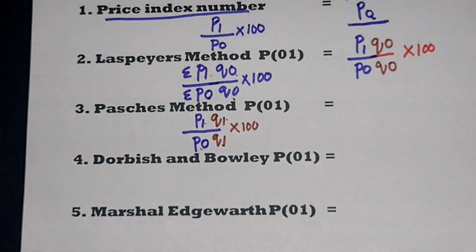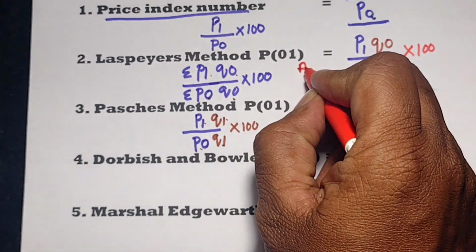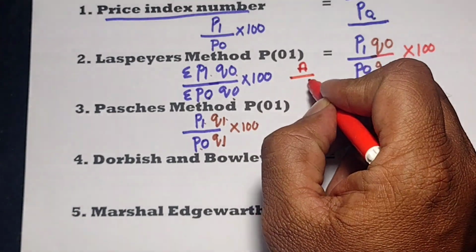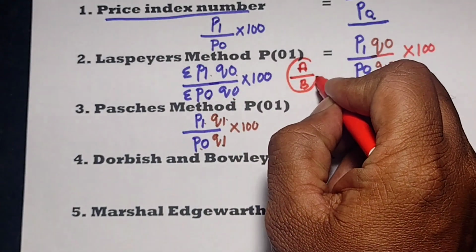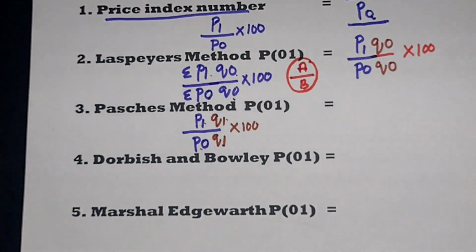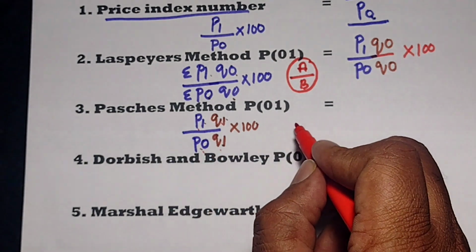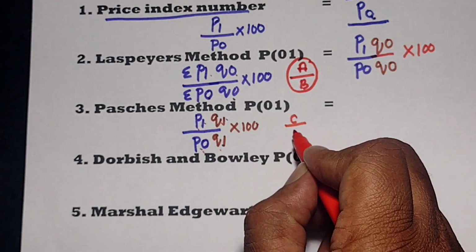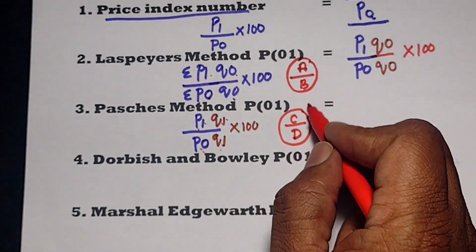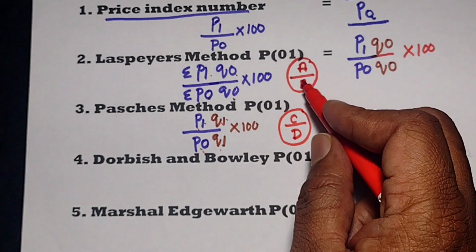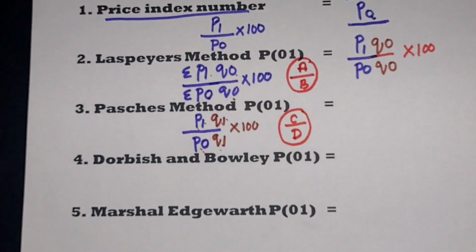As one trick of remembering this formula, I call P1 Q0 and P0 Q0 as A by B. And coming to the second person, P1 Q1 and P0 Q1 is called C by D. This is for our understanding purpose, which is not given in the formula. A by B and C by D.